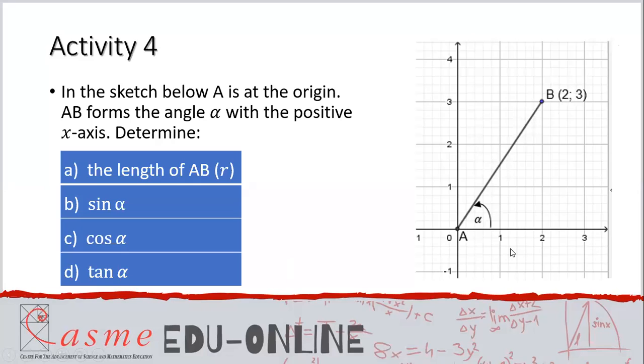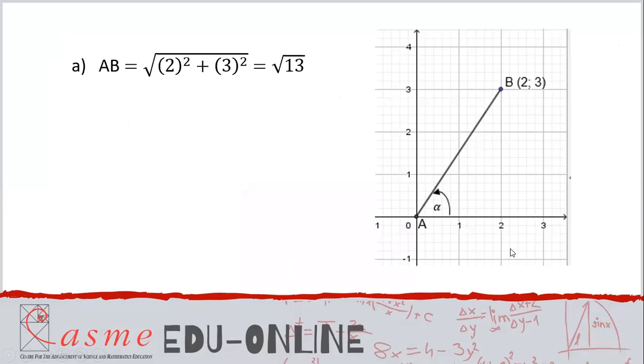So now, looking at the solutions, you can see that our AP is equal to the square root of 2 squared plus 3 squared. This is our x squared and y squared. You can see that 2 squared is 4, and 3 squared is 9.